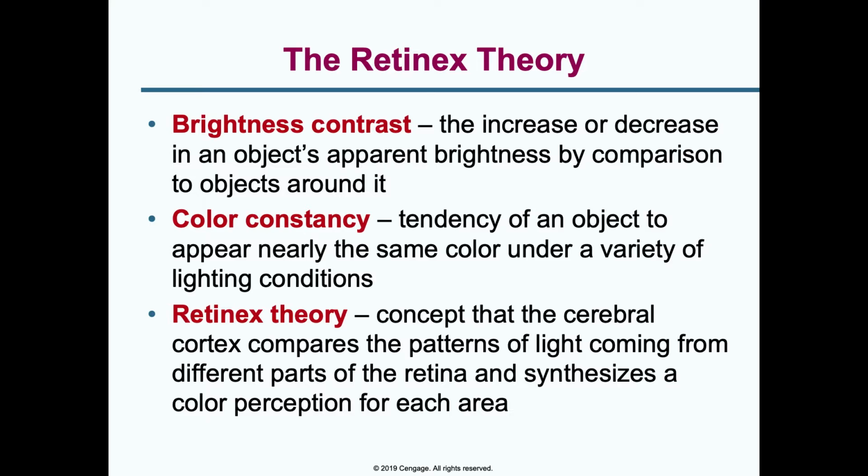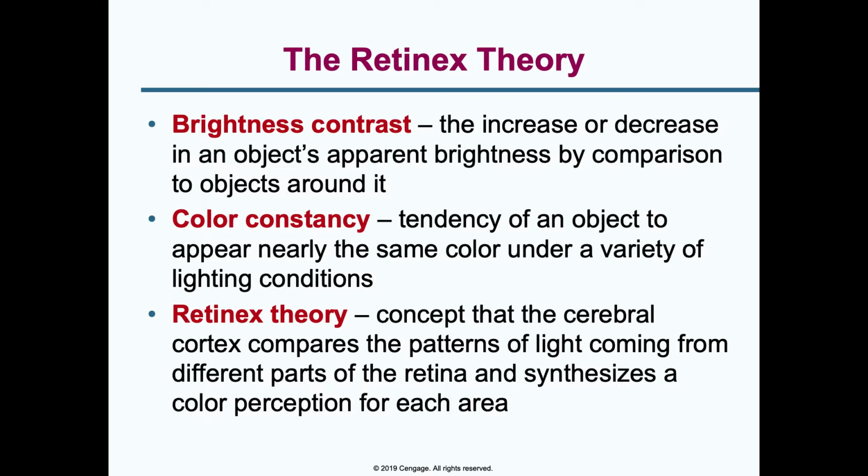The retina, hence Retinex, has a role in this because the light comes in and focuses on different parts of the retina, which I showed you in the eye photo of the structure earlier. And depending on where the light comes out of the retina is how the cerebral cortex will then analyze and decide what color is going to come out of that.